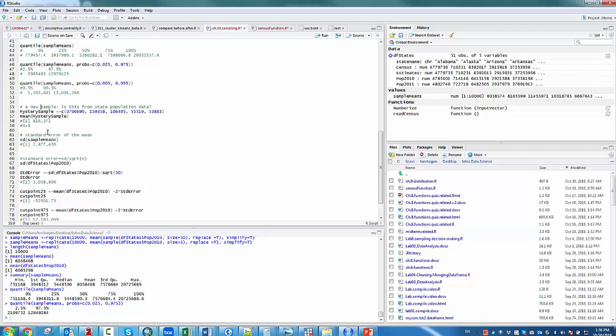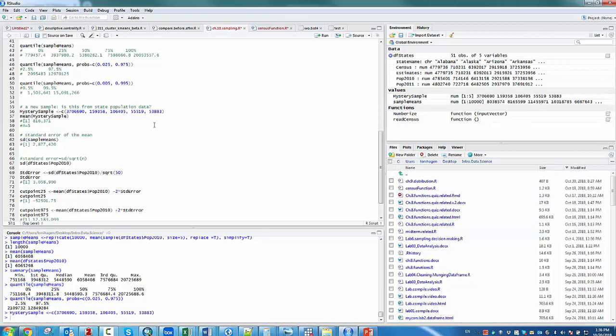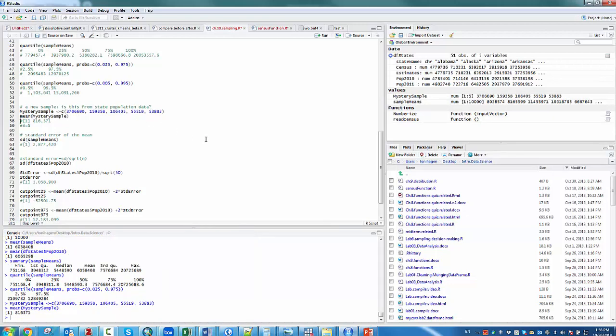So for example, there's a new sample, and your question is, I got this mystery sample, is this from the state population? Can it reflect the state population or not? You can check if it does or not. The mean of the mystery sample is 800,000, which is very small compared to this quantile. It's smaller than 2.5%.